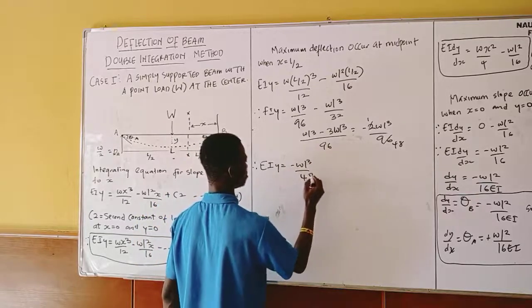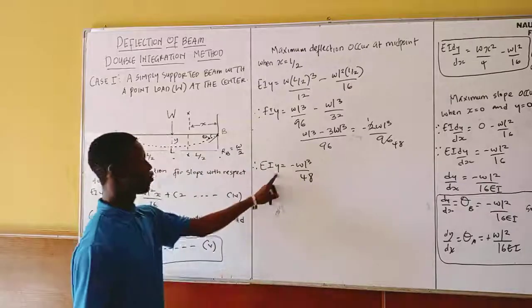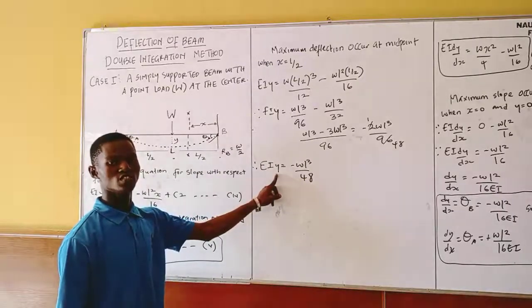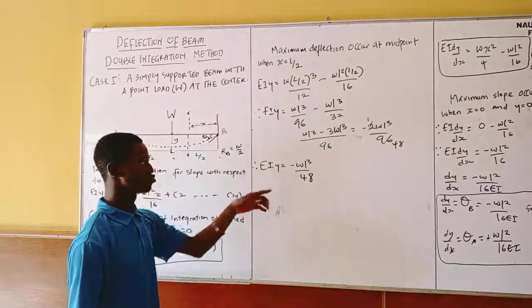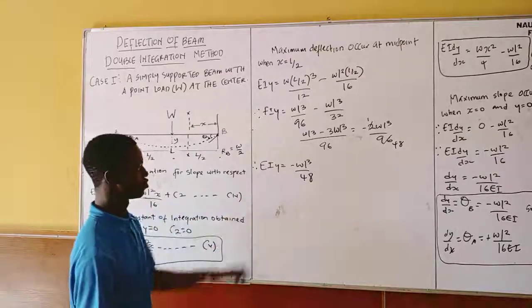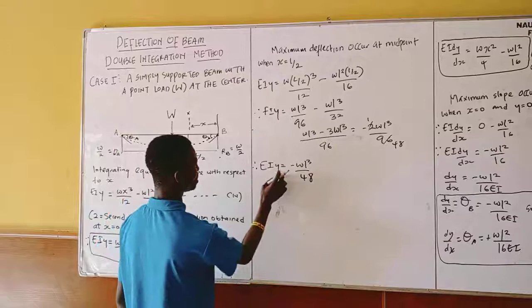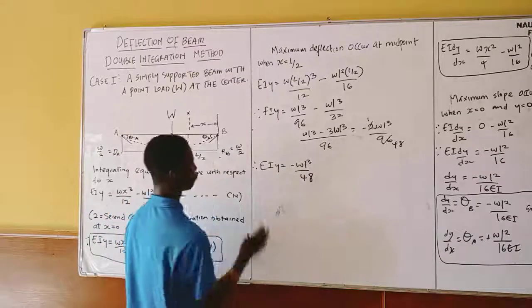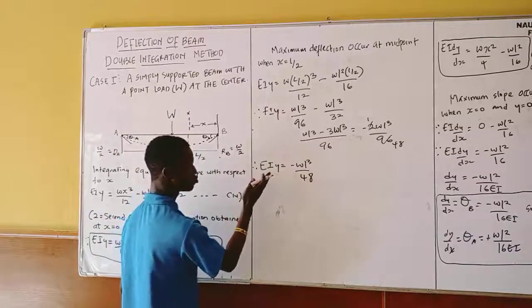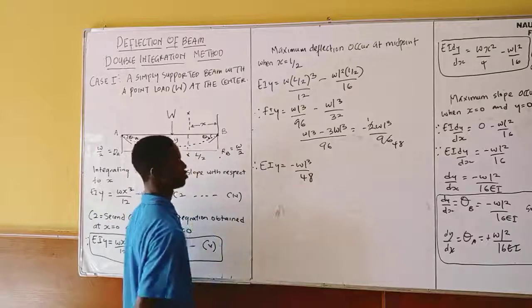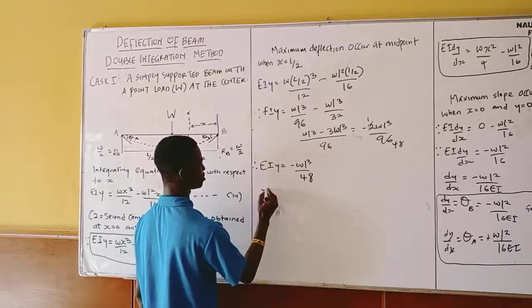But don't forget that our y is used to denote deflection. And since dy/dx is the slope, our y is the deflection, because this is the second order of integration. So for me to get the value of my y now is to divide both sides by EI. So for me to eliminate EI, I divide both sides by EI. So I will be left with y here.